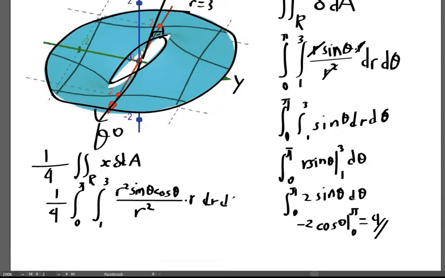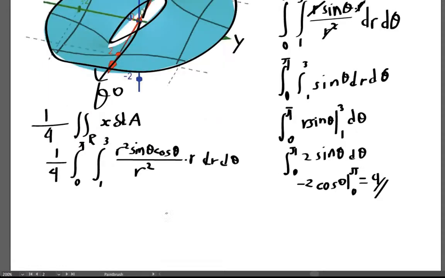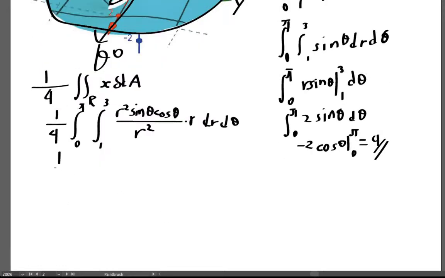And so when you simplify the entire problem, you'll get a quarter of the integral from 0 to pi of the integral from 1 to 3 of r sine theta cosine theta.